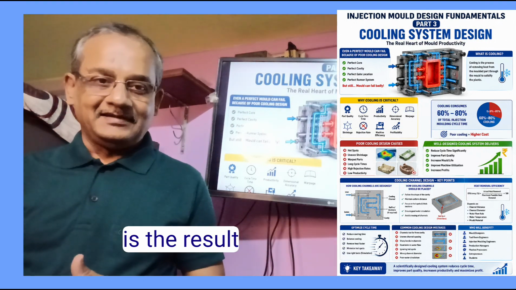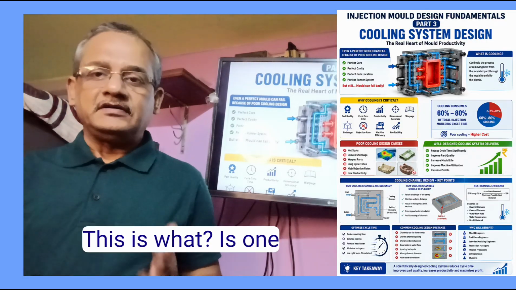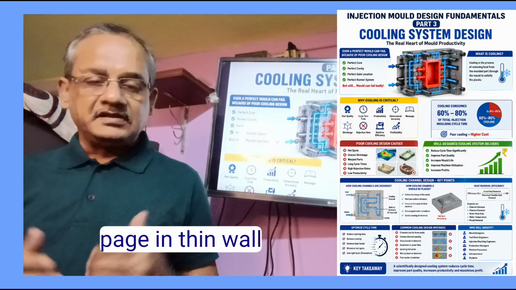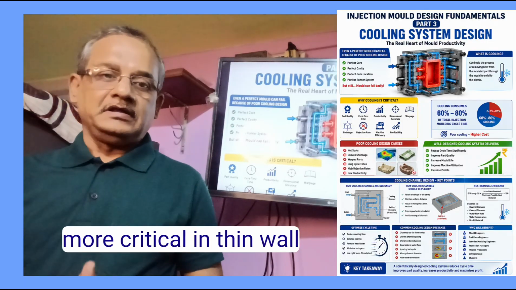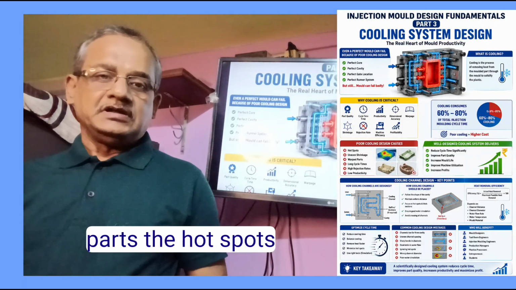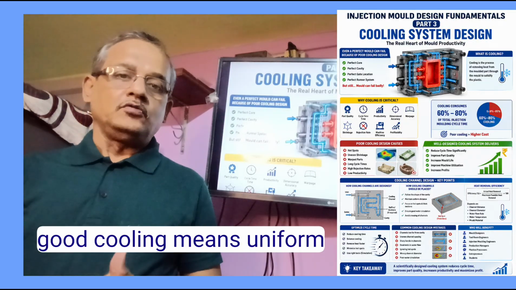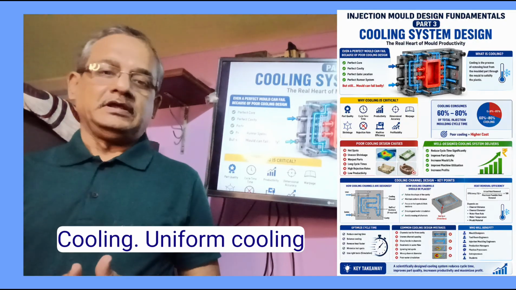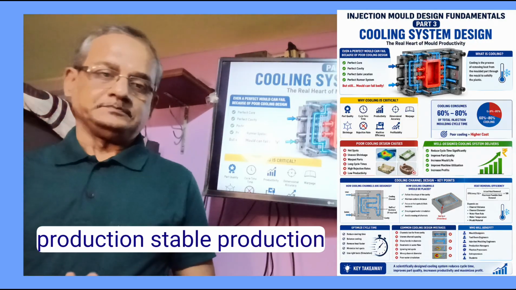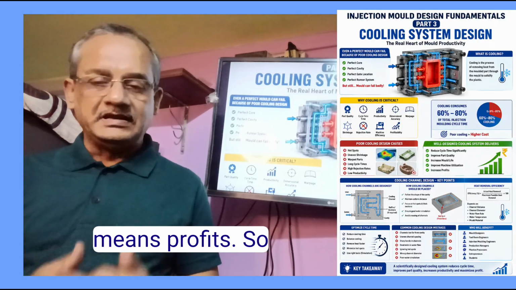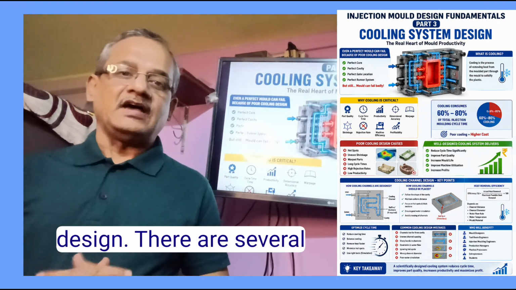What is the result? The part bends. This is what we call warpage. In thin wall parts, cooling becomes even more critical. In thick wall parts, hot spots become dangerous. Good cooling means uniform cooling. Uniform cooling means stable production. Stable production means profits.